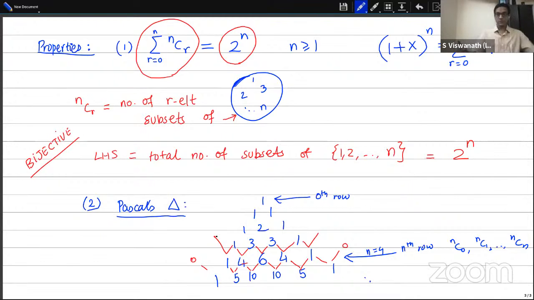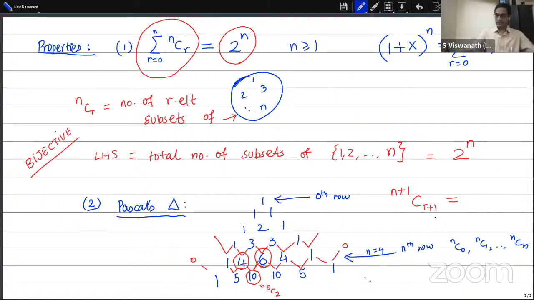Okay, so this property is just the following, that if I take any given element, let's say n is 4 in this case. So in the n plus 1th row, if you take the r plus 1th element, meaning the r plus 1th coefficient, for example, this is like 5c2, then it will be a sum of two things. One of them is 4c2, which is this, and 4c1.